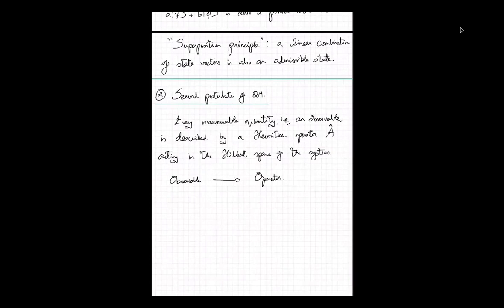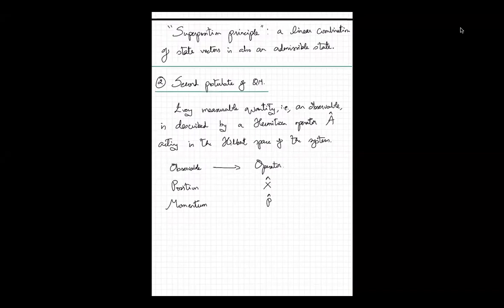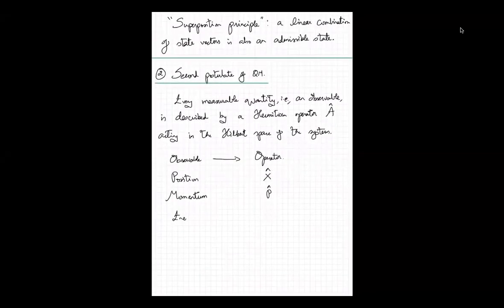Okay. So when I talk about position in quantum mechanics, there is an X operator. When I talk about momentum in quantum mechanics, there is a P operator. When I talk about energy in quantum mechanics, there is something called the Hamiltonian operator, which is of fundamental importance in quantum mechanics.